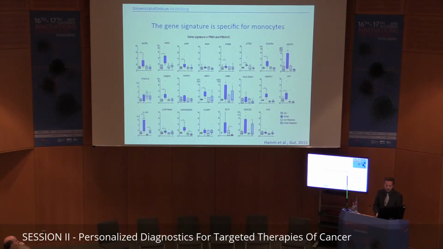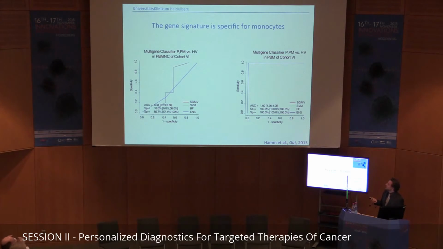Finally, we reasoned that the signature that we specifically found in monocytes might also be detectable in the entire fraction of mononuclear cells, which would make the assay much easier to use in clinic because the procedure would be less laborious. However, checking this signature in the entire fraction of mononuclear cells did not show any differential expression, indicating the strength of the hypothesis-driven approach, but making the procedure of the diagnosis more laborious.